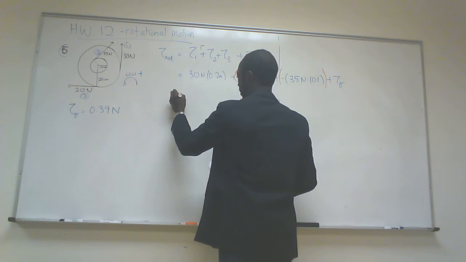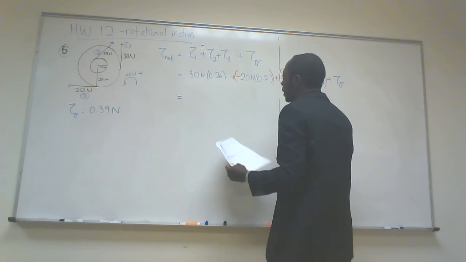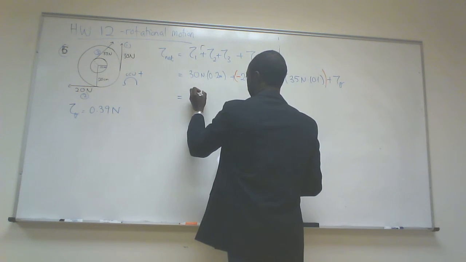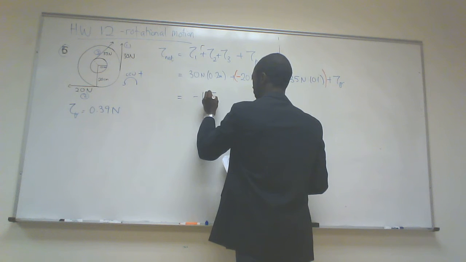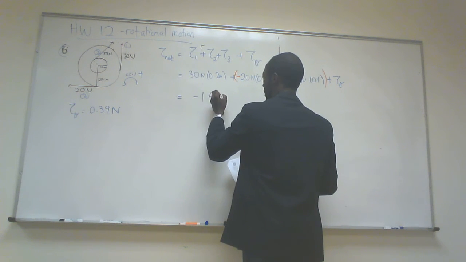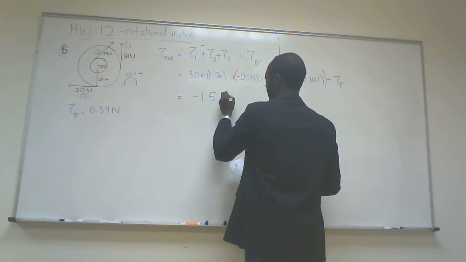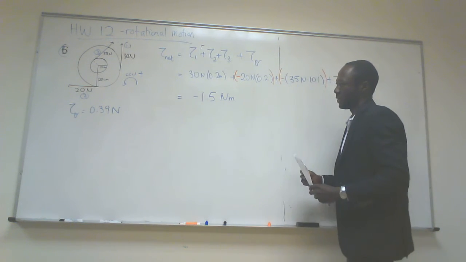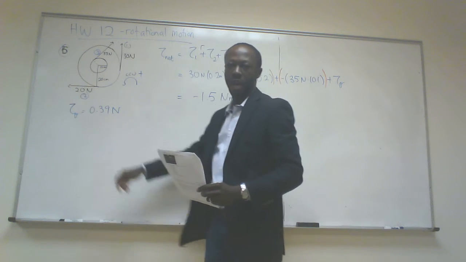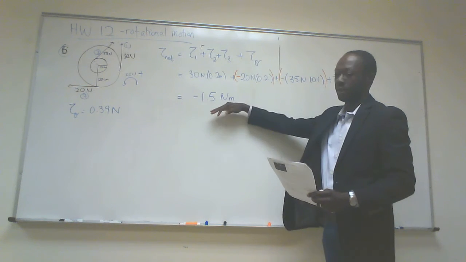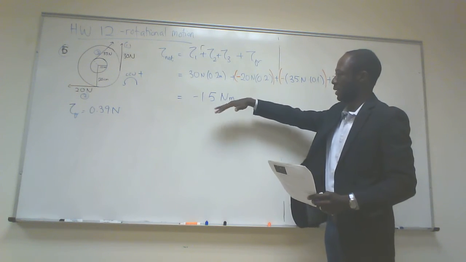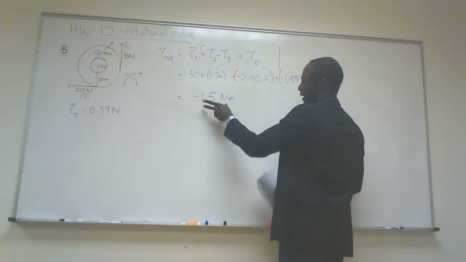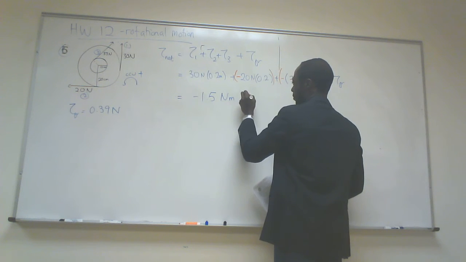So for these forces here, we end up with minus 1.5 Newton meters. And since this frictional torque has to oppose the motion of the other forces exerted on the object, since this part is negative, our frictional torque will have to be positive.